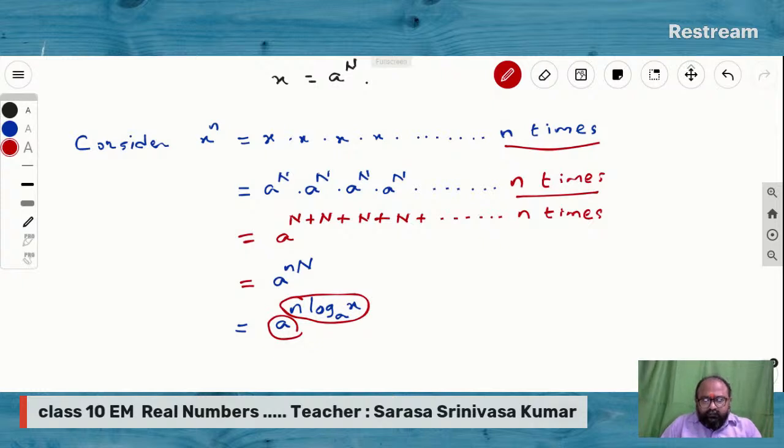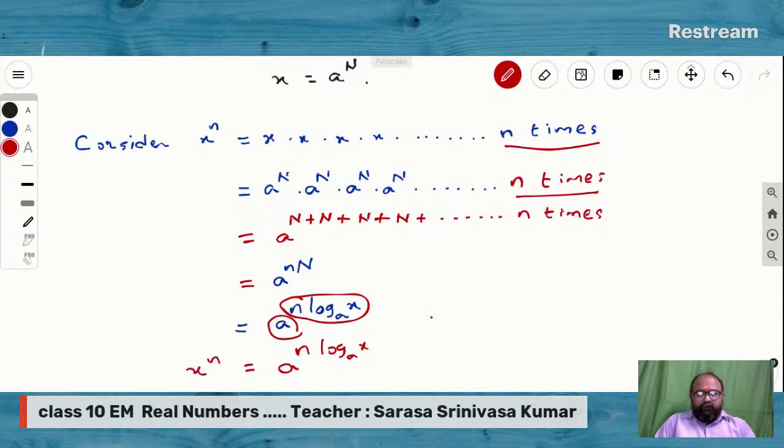So here we have written this is equal to a to the power of n log x to the base a. This is x power n equal to a power n log x base a.